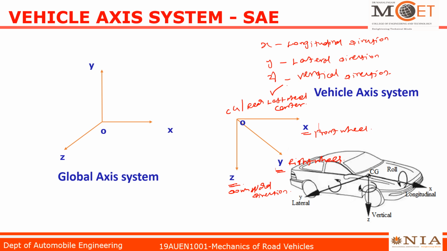Here I took CG as the center. From CG towards the front wheel, I take it as the longitudinal direction. Towards the right wheel, I take it as the lateral direction, and downward as the vertical direction. These are positive. Opposite sides are negative.